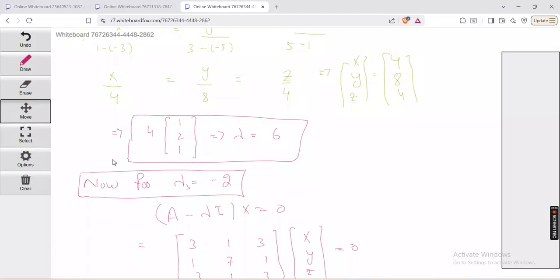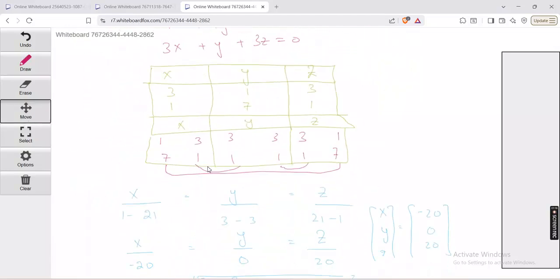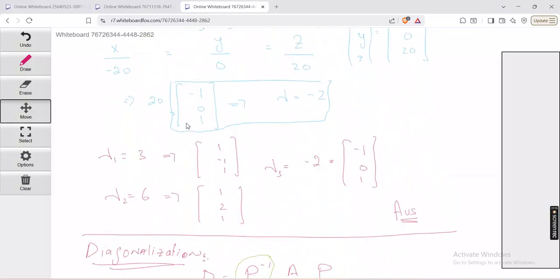So once you do it for all of them, you will write here for lambda 1, 3, this is my eigenvector. For eigenvalue of 6, I have this eigenvector, and for eigenvalue -2, I have this vector. So again, the important point: if it's asked in the question to find the eigenvalues and eigenvectors, stop here. You are done.